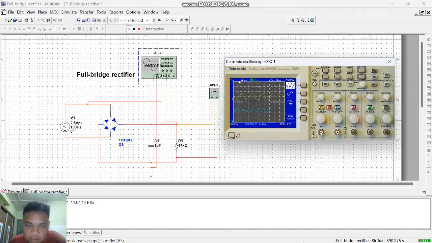This is the sinusoidal waveform of the full bridge rectifier, and you can see channel 1 is the input and channel 2 is the output, and we can see in channel 2 the waveform has been rectified.